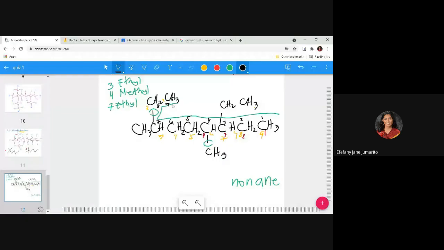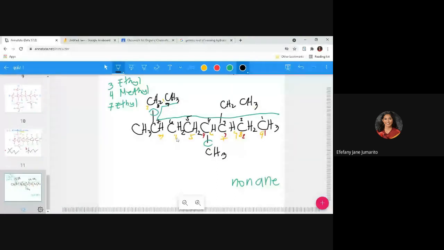Or we will count 1, 2, 3, 4, 5, 6, 7, 8, 9, as a class. Now, let's try kaning yellow na pag-count.